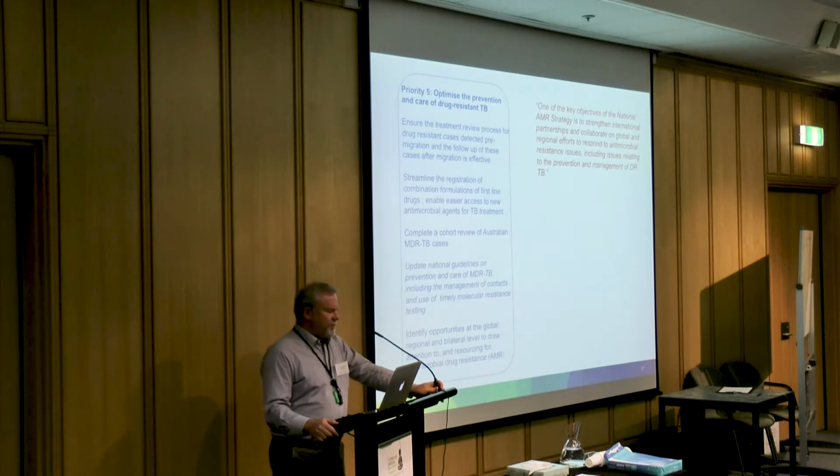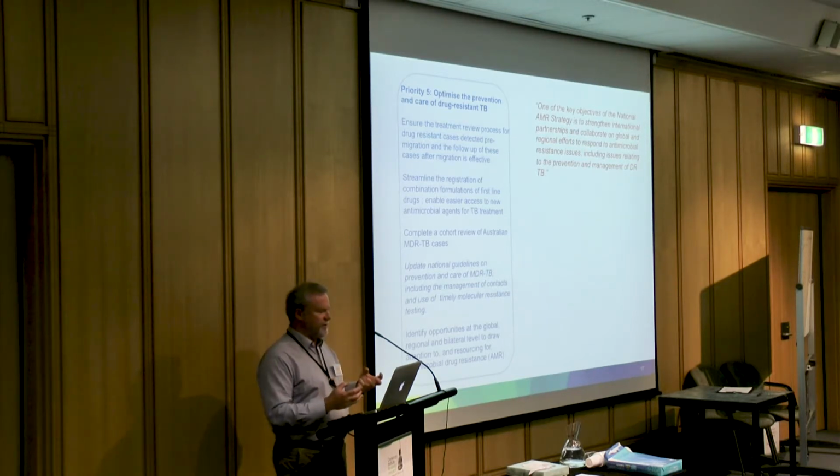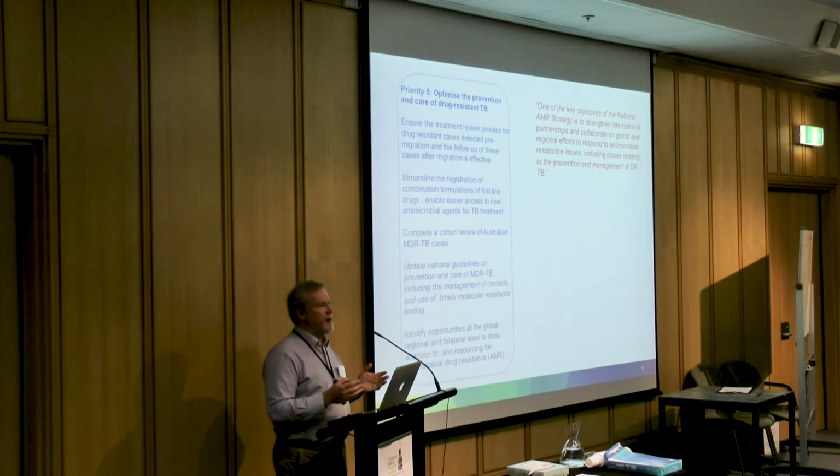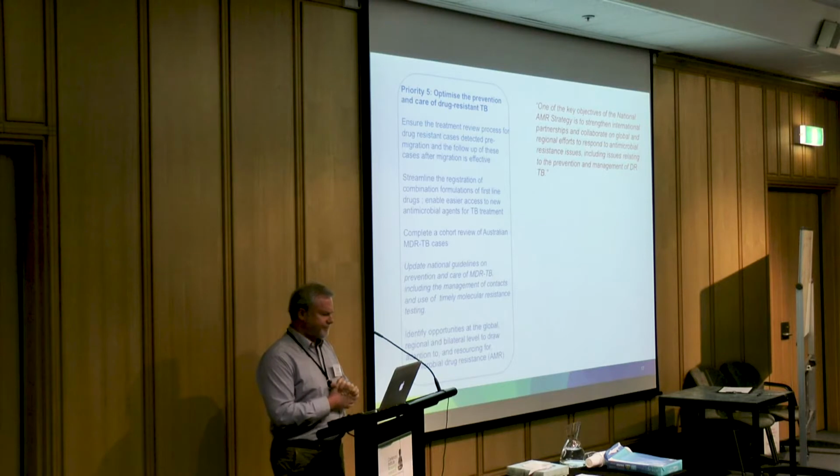Priority 5 is to optimise the prevention and care of drug-resistant TB. This takes a number of action areas to be considered. One is to look at the process currently of how drug-resistant TB is managed in our visa applicants and how they're followed up after they arrive in Australia. Streamline the registration of combination formulations.